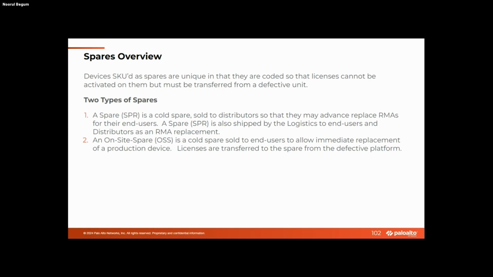Any time one of the 5 devices fails, they can quickly transfer the licenses from the defective device to the OSS, and in turn they can do the RMA on the defective device, and we will ship the customer another spare to replace their OSS.